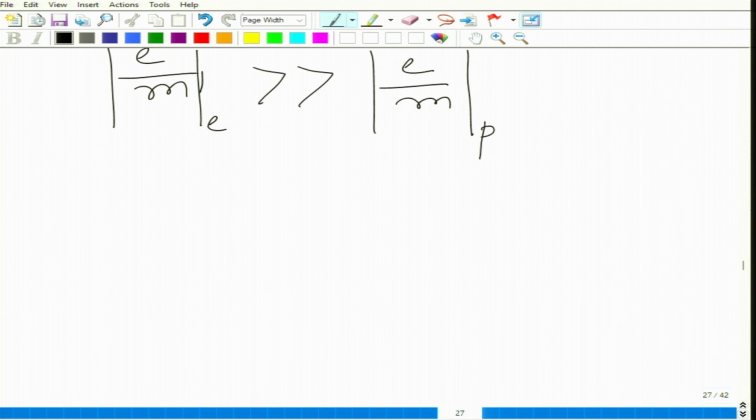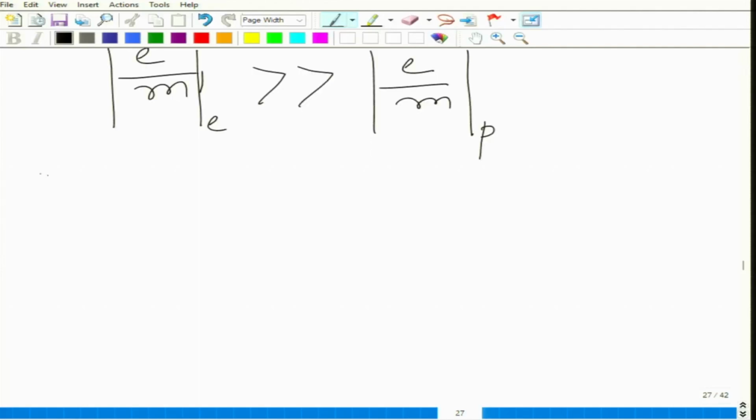Remember that in this case we are talking about the magnitudes of the charge to mass ratios, right? We will not take the true values, because in the true value the charge to mass ratio of electron will have a negative sign and for proton there will be a positive sign.